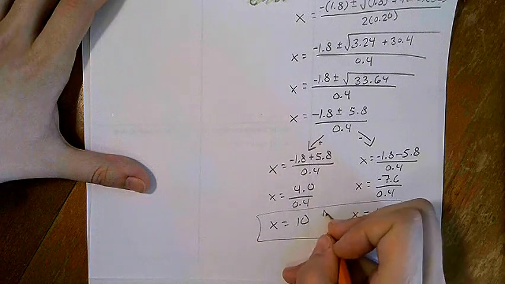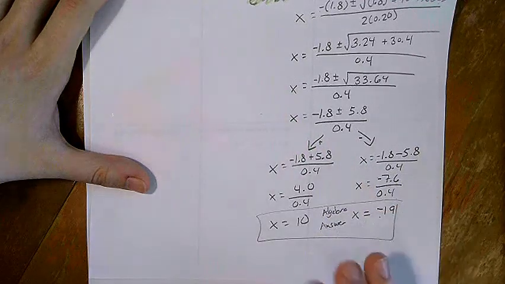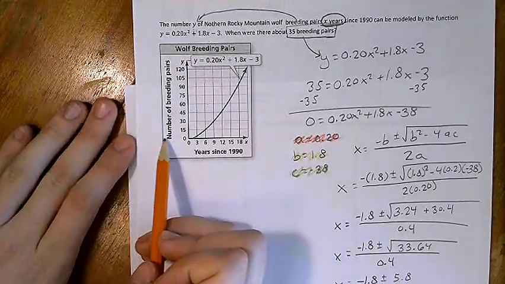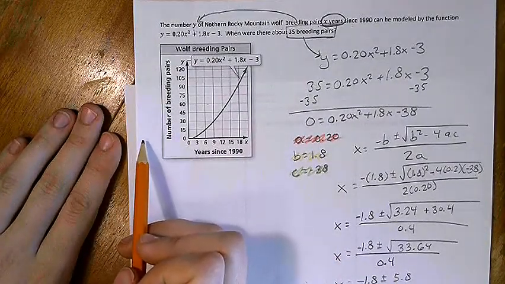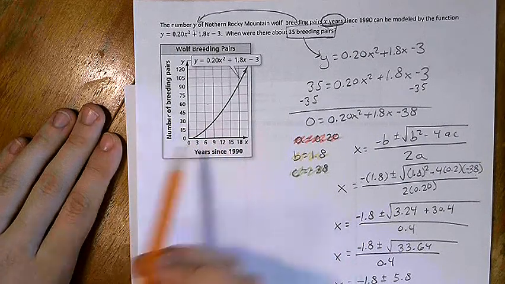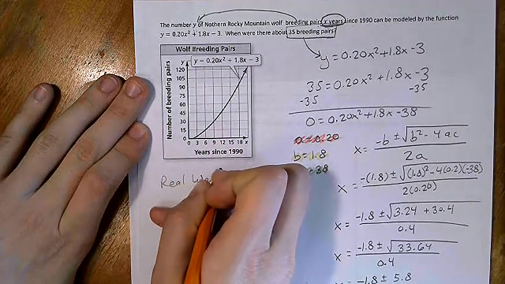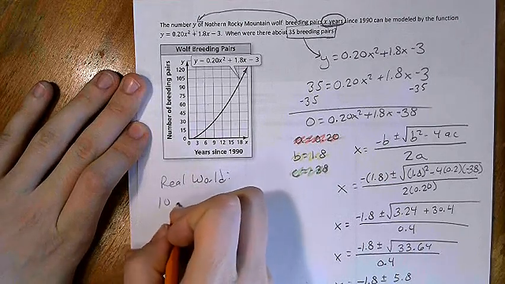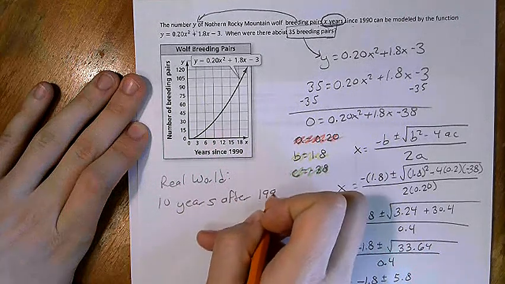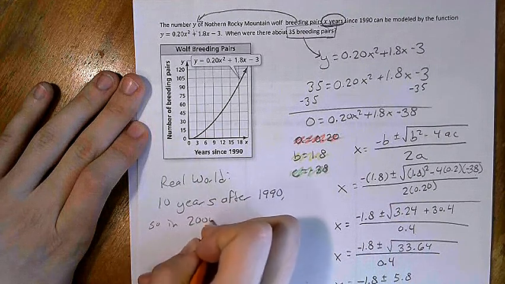This is the algebra answer, right? But which one actually makes sense? Let's move back up to our graph and look. Does it make sense to have a negative 19 that's somewhere over here, or does it make sense to have a positive 10 that's over here? Which makes sense? Our real world answer should be 10 years after 1990, so that would be in 2000.